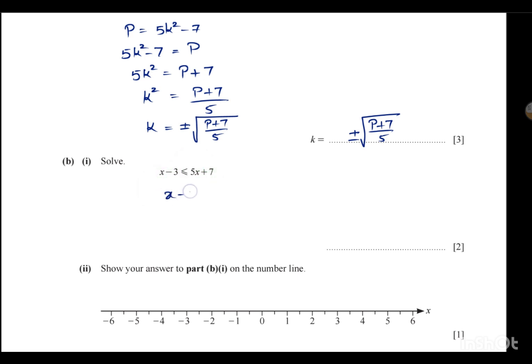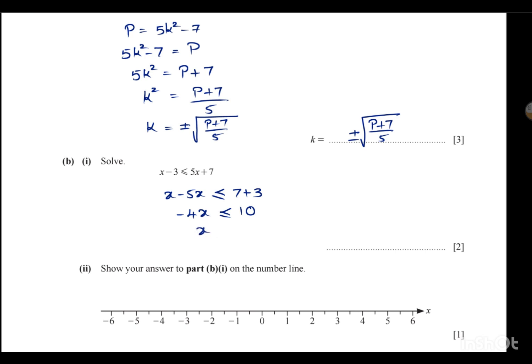So x minus 5x less than or equal to 7 plus 3. Now on the left hand side we get minus 4x less than or equal to 7 plus 3, which is 10. Now here it is a negative coefficient.